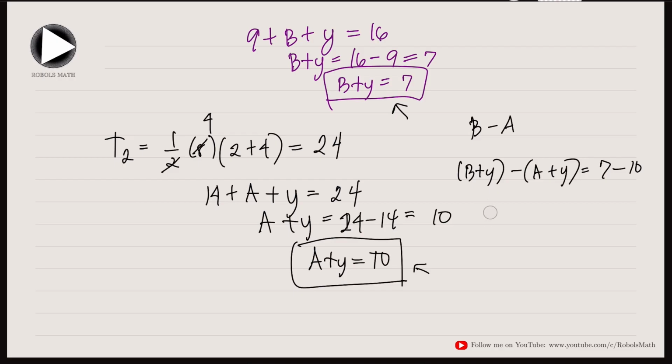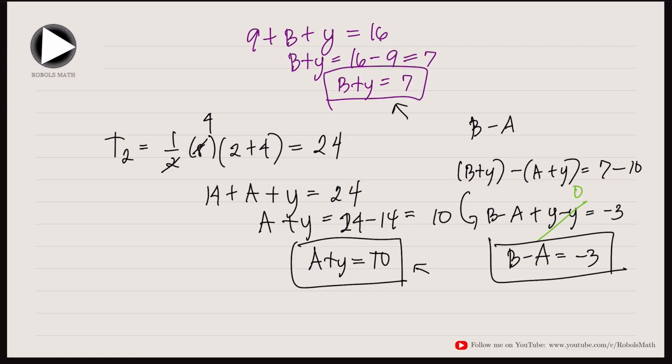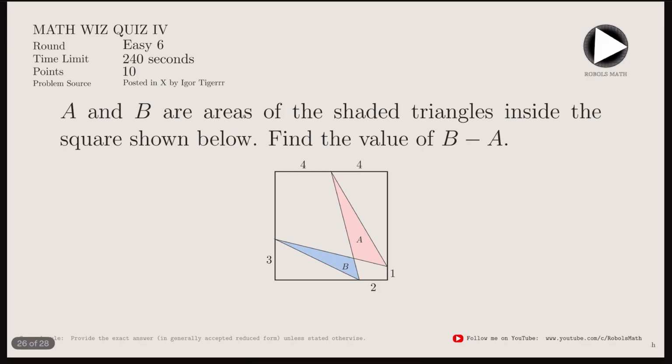If we do this, we get b minus a plus y minus y equals negative 3. Y minus y cancels out, leaving us with just b minus a equals negative 3. Therefore, the answer that we are looking for here is equal to negative 3. And that's our final answer.